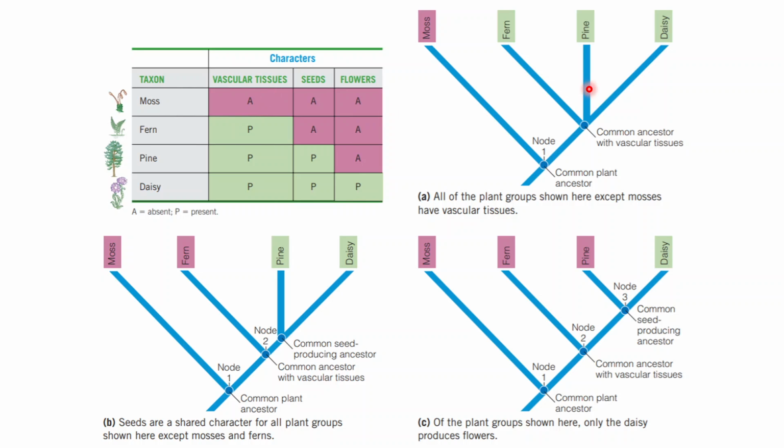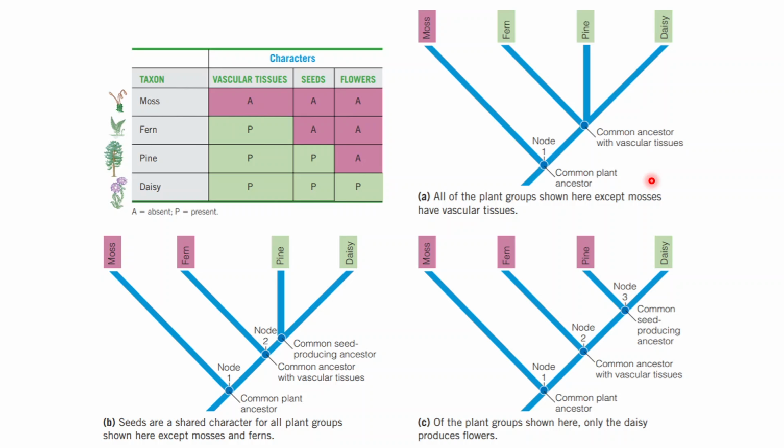The branch points, or nodes, represent the divergence of the ancestral lineage into 2 lineages.